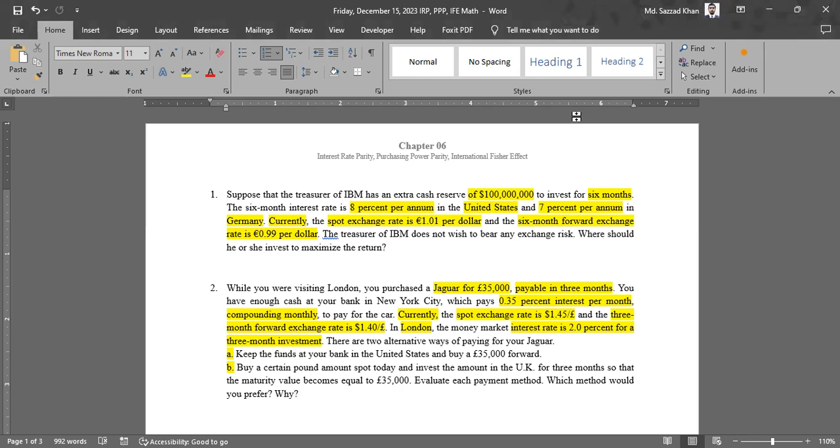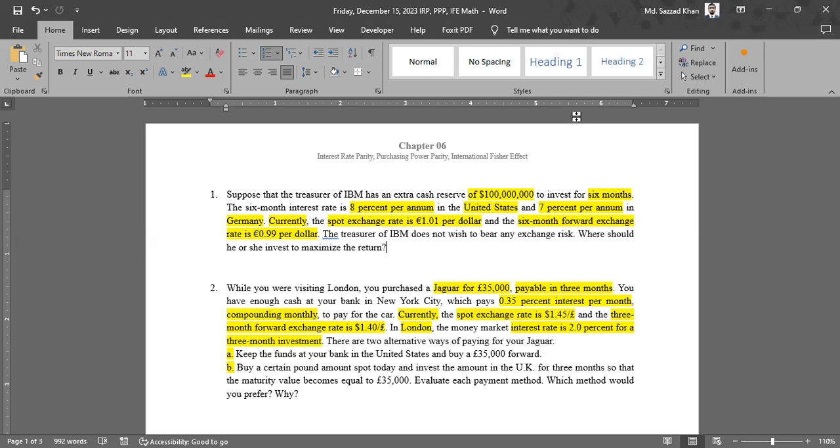Now, inside interest rate parity, we also discussed covered interest arbitrage. We already discussed arbitrage opportunities in the previous chapter. There were three kinds of arbitrage opportunity. The first one was locational arbitrage, the second one was triangular arbitrage, and the third one was covered interest arbitrage.